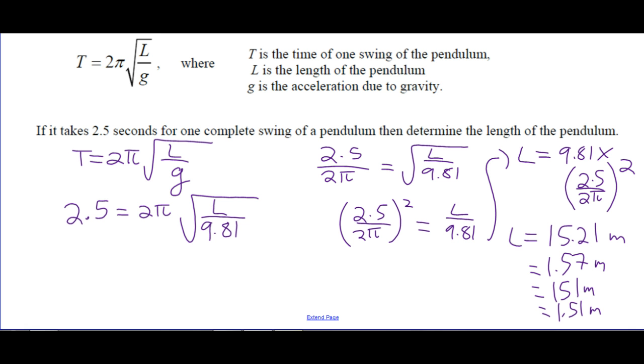You can just go second function square root, second function answer, that's L, divided by 9.81, and hit enter. Then multiply that by 2 and then by pi. If you get 2.5, then you were right.